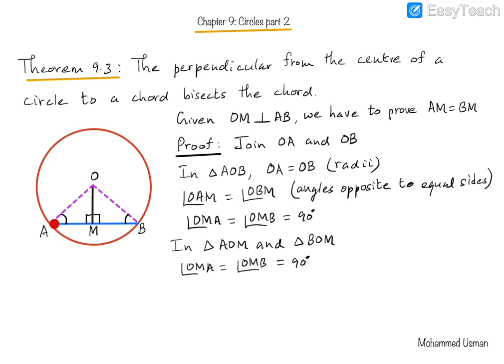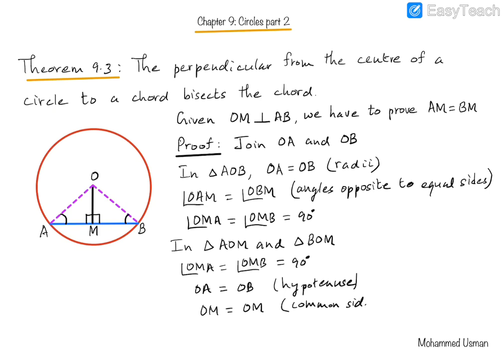So the sides OA and OB are the hypotenuses of each of these two triangles. So OA equals OB is the hypotenuse. And we have one of the sides as a common side for both the triangles, OM equals OM. That's the common side.